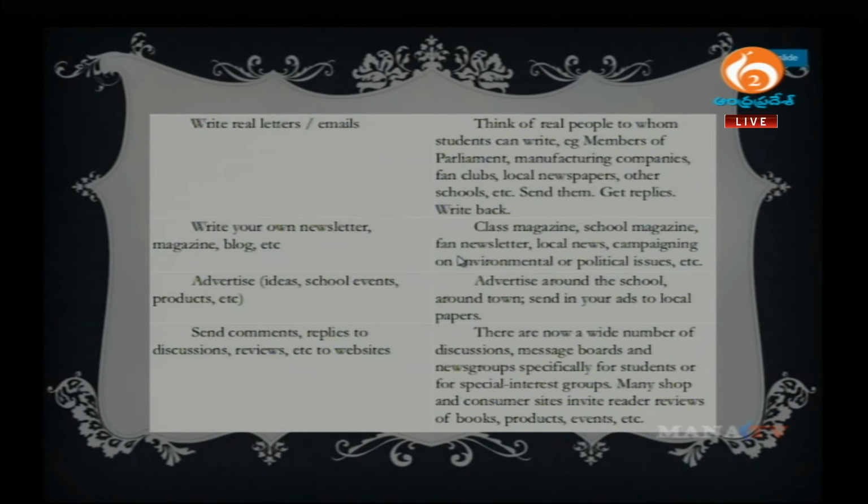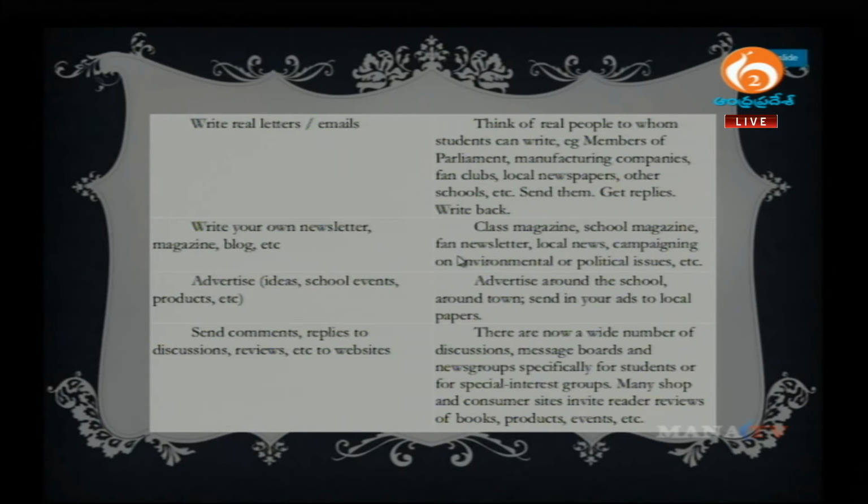Advertise ideas, school, events, products, etc. And then we have the same advertisements which are being sent out as local ads and through local newspapers.